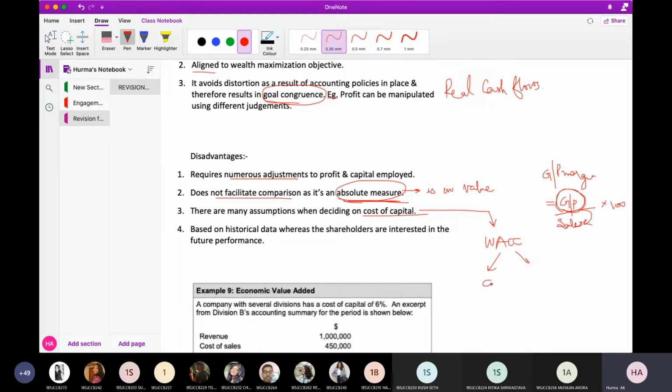Some of you might have forgotten, so just to recollect, cost of equity is there. And then you have the cost of debt. And then you have the weights, which is basically the value of equity and the value of debt. You take the proportion and try to calculate the weights.